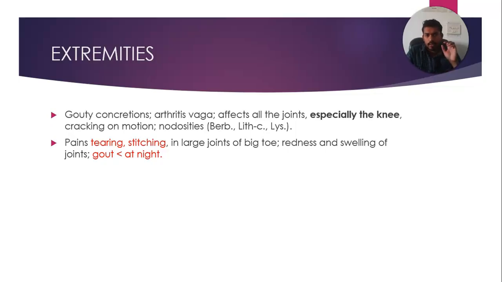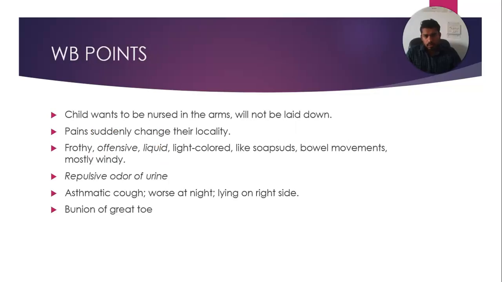It affects basically the knee joint, cracking on motion. There are nodosities. Then there is night aggravation, and the pain is described as tearing or stitching. You also can see podagra in this patient.